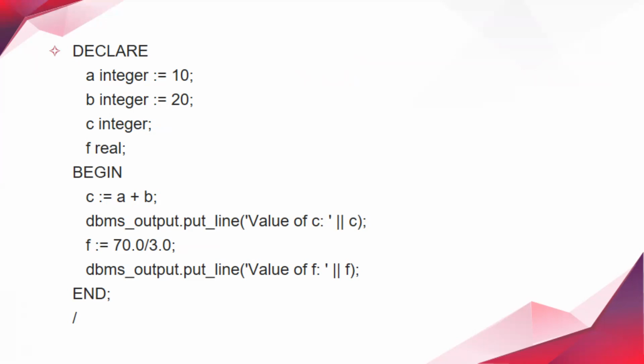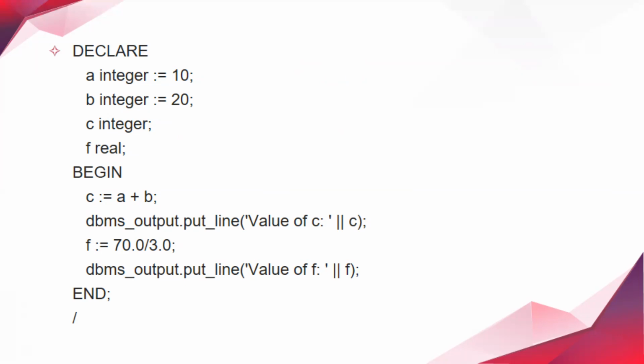So 10 plus 20. After executing this statement, I wrote the output statement, that is DBMS_OUTPUT.PUT_LINE. Here I am printing the value C. So 'value of C is', and this is the symbol used for your variable. So it prints C as 30.